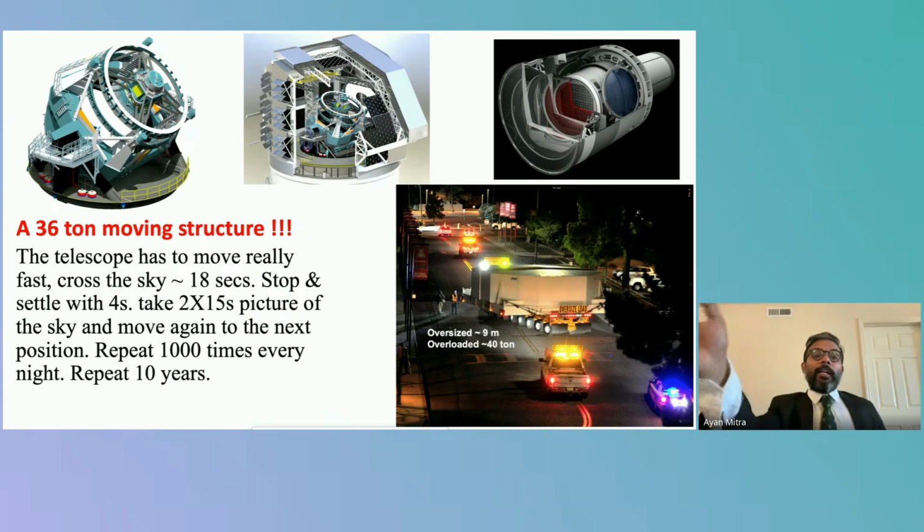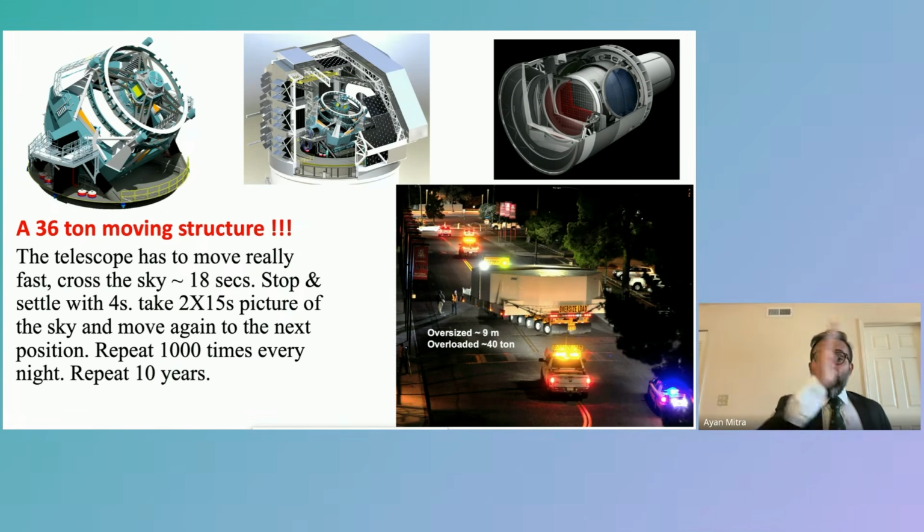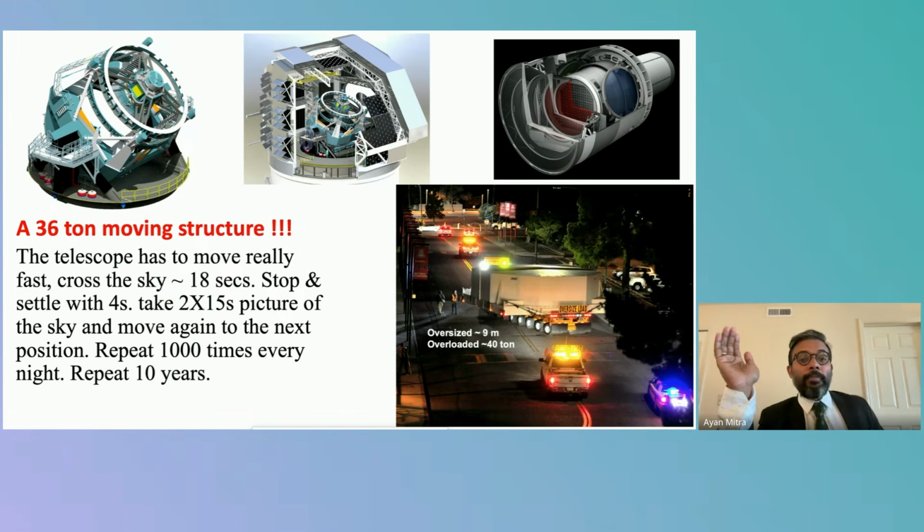It's very big, like a giant, but it is very fast on its feet in moving across the sky. It does a full sky in 18 seconds. So it will scan the full sky throughout the night, 1,000 times every night during its lifetime of operations, and do it for 10 years. So we will have a humongous amount of data.